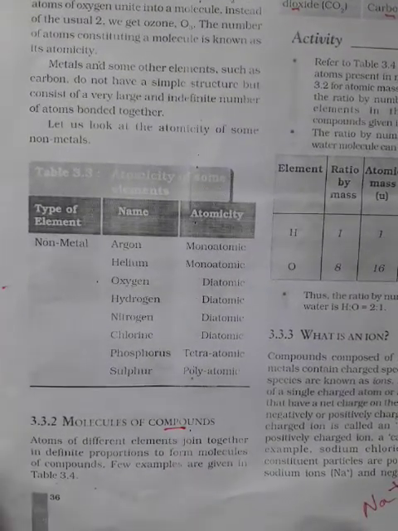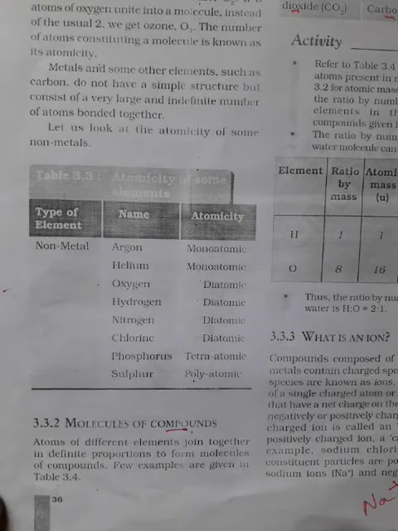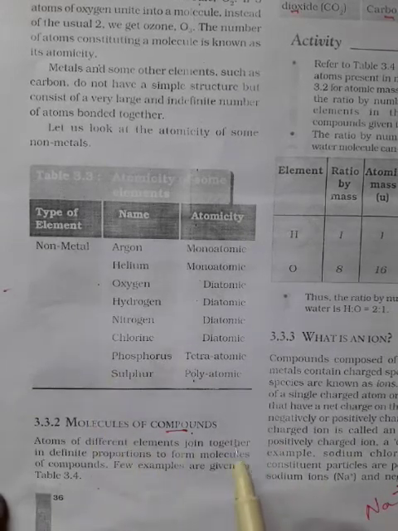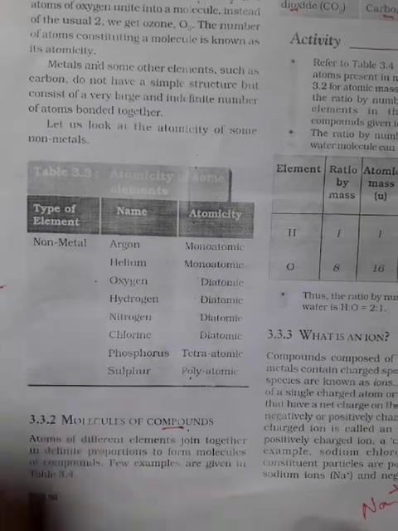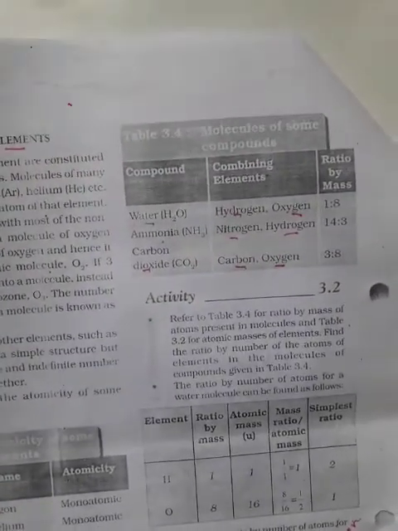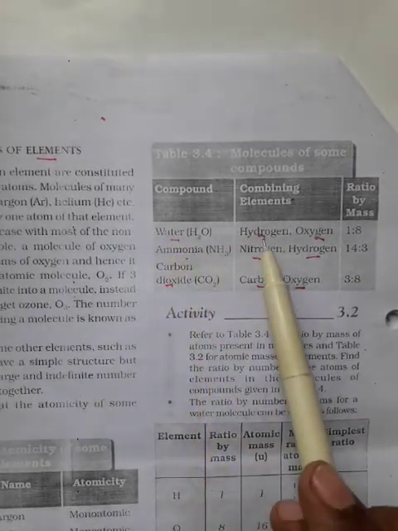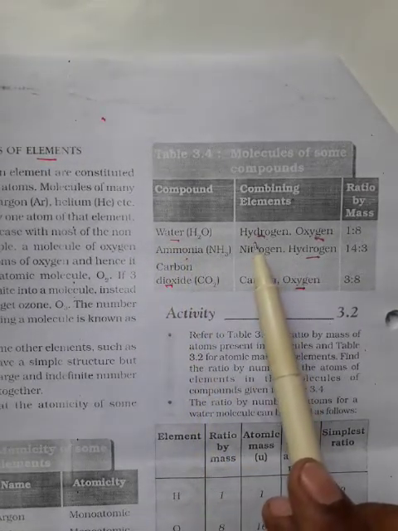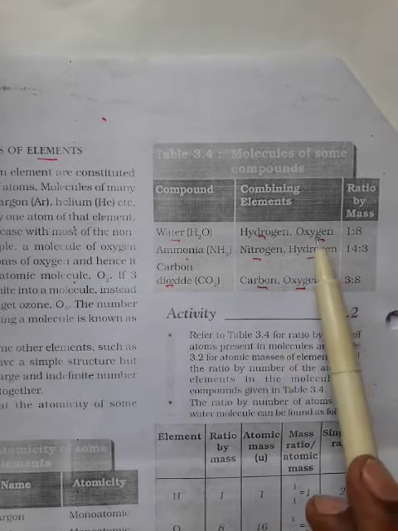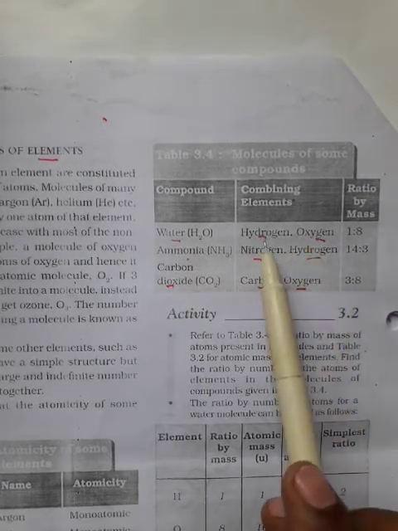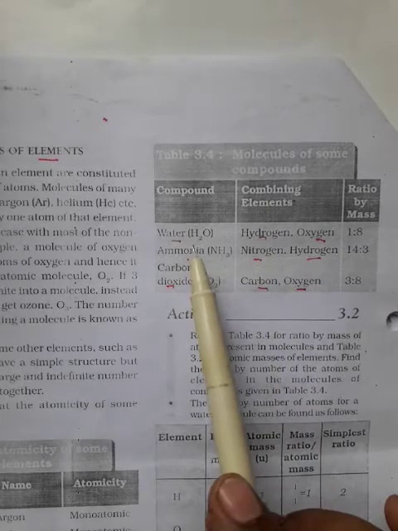Similarly, we will talk about molecules of compounds. Atoms of different elements join together in a definite proportion to form molecules of compounds. Let's have an example. Water, as told, is a compound: hydrogen is an element and oxygen is an element, but these two combine to form a compound.